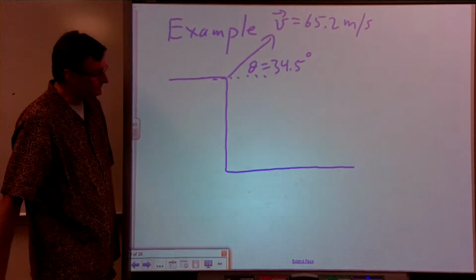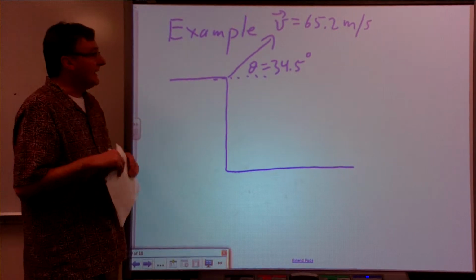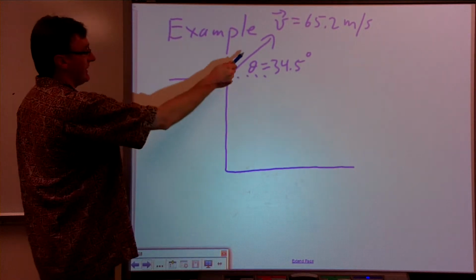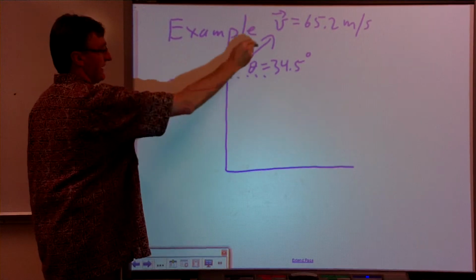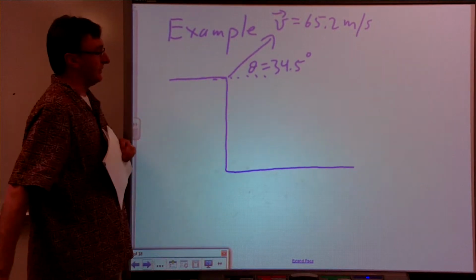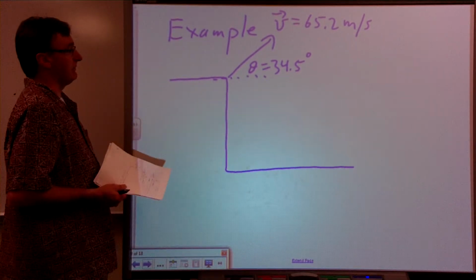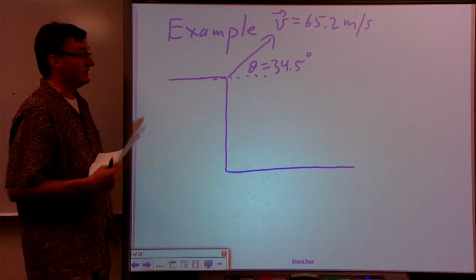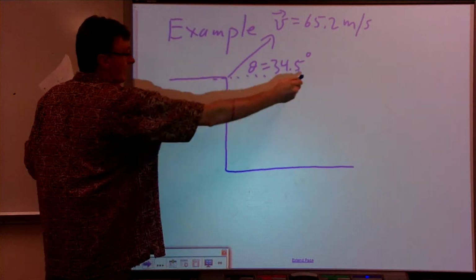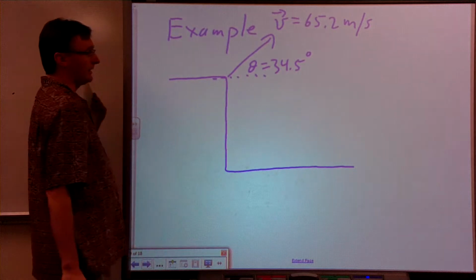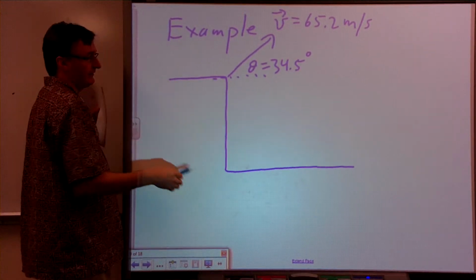So if we take an example with some numbers here, a projectile is launched at 65.2 meters per second at 34.5 degrees above the horizontal. If you're given a problem like that, again, the first thing you're going to do is start with a diagram like this, and it's either going to be on a flat surface, which is just horizontal, or you're going to have a cliff.